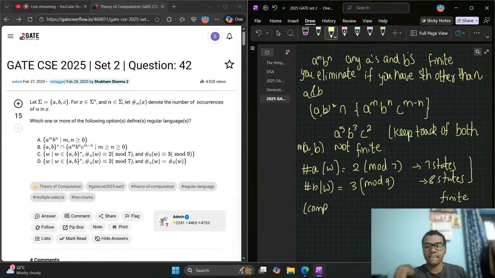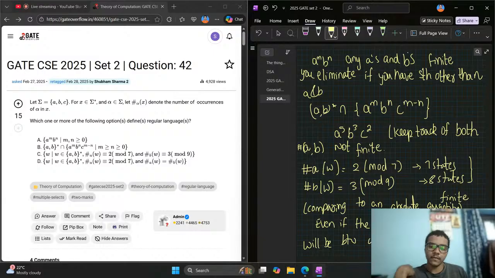Comparing to an absolute quantity, even if the number is 100k, the answer will be between 0 and 6 or 8.